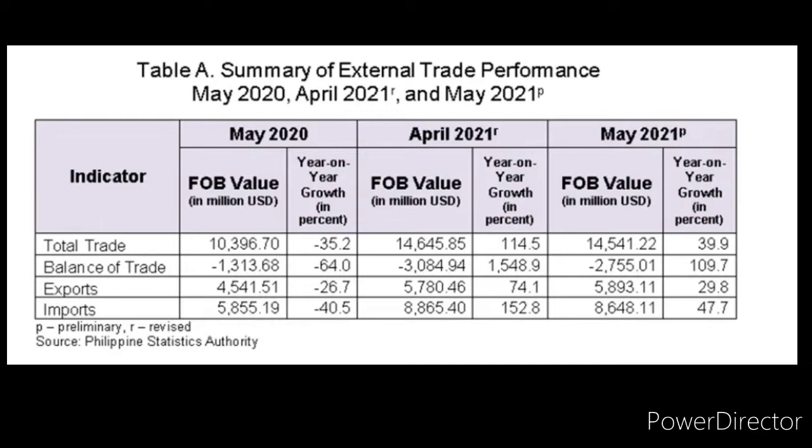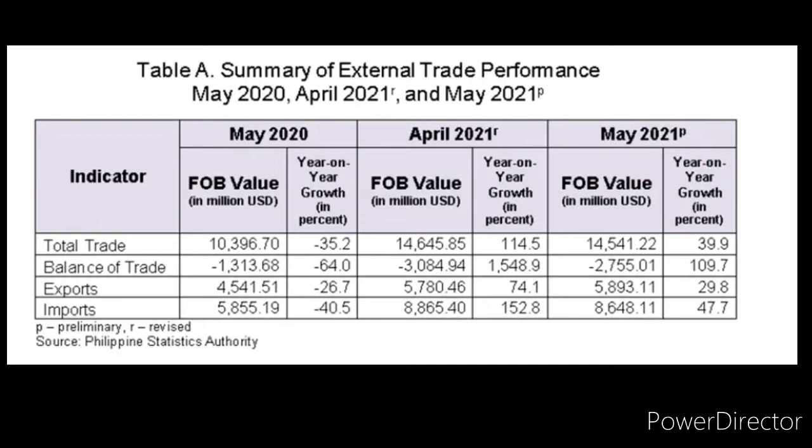In the previous month, the annual increase was recorded at 114.5%, while in May 2020, the decline was negative 35.2%. Of the total external trade in May 2021, 59.9% were imported goods, while the rest were exported goods.